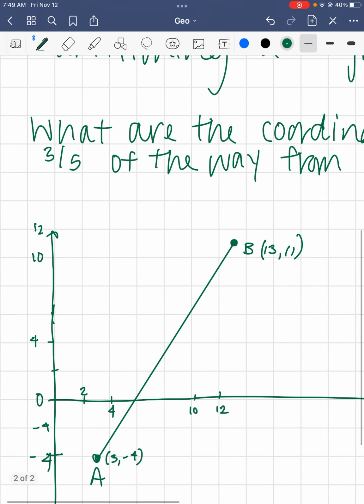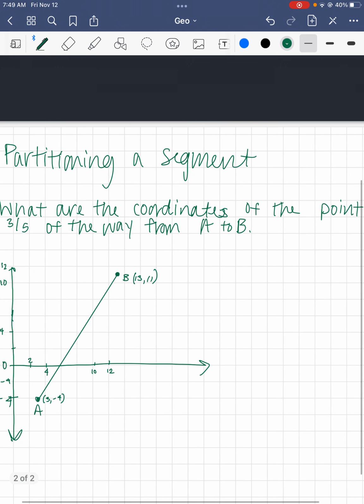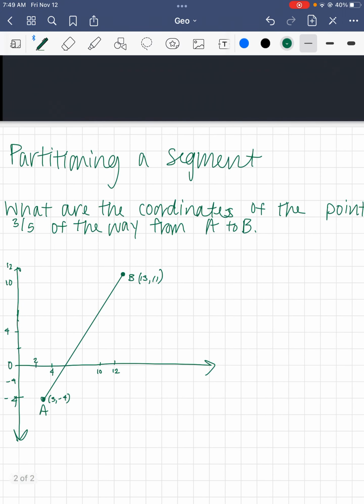So let's revisit what our problem asked for again. What are the coordinates of the point 3/5 of the way from A to B? Okay, so it's really important to look at where we're being asked to start. From A to B. That means we're starting at A here, and then we're going 3/5 of the way up, and then at some point on this line segment, we're going to have a new point 3/5 of the way to B. So if we were to separate this line segment into 5 equal sections, we want to go up 3 of those sections and find the point.